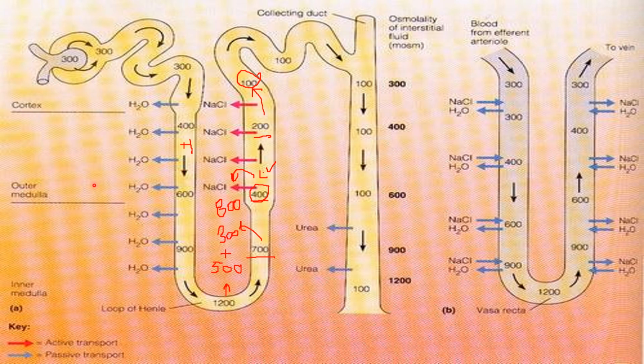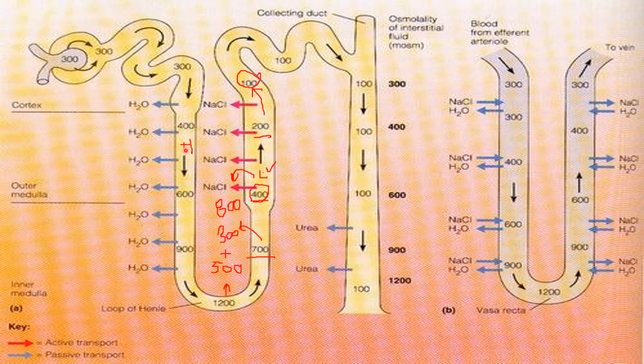Some important points about the counter current mechanism are that it works only in portions where there are hairpin loop like structures, like the hairpin you wear on your head, in the same way as these both loops are present.